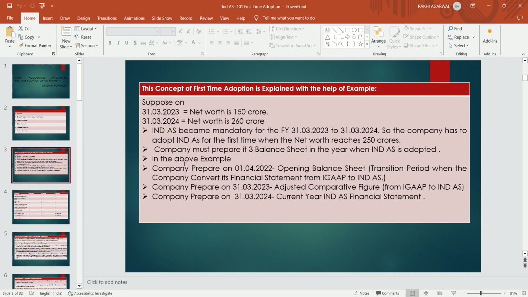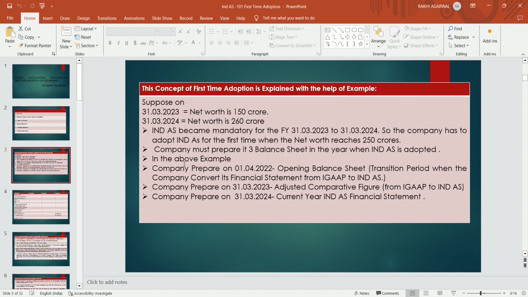In the year when Ind AS is applicable, that is 31st March 24, when the net worth exceeds 250 crores, that is the current year financial, the final balance sheet. And for the previous 2 years: in the previous year, that is the comparative figures, adjusted from Indian GAAP to Ind AS, that is on 31st March 2023, and on 1st April 22, they are required to prepare the opening balance sheet.